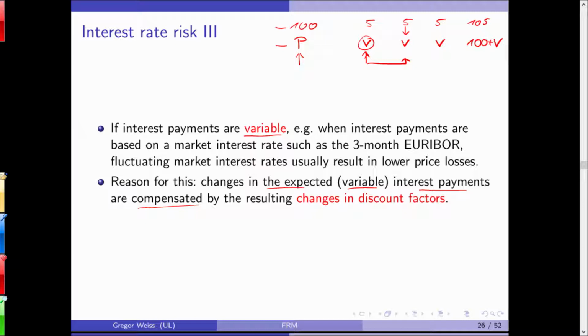You only need the very first variable payment, because all the other changes in the variable interest rate offset each other, and the change in the payment is offset by the change in the discount factor, and you only need to look at this very first variable payment, and actually this is the one that is fixed at t equal to 0, and this one is already known.